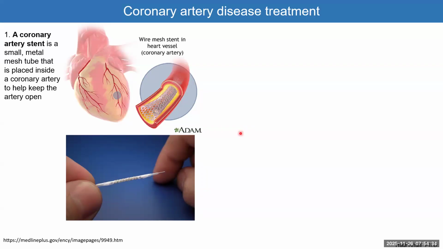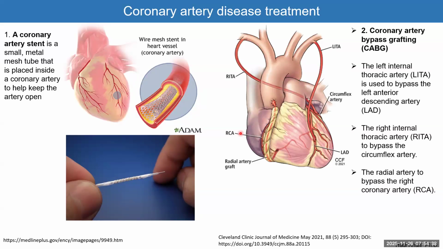This would be the first level of intervention. The second level would be a bypass, which is a much more complicated surgery. You bypass the site of the blockage using an artery. And this is described for you here, which artery does what. Again, this is mostly clinical, and we're not going to go into that clinical part too much.